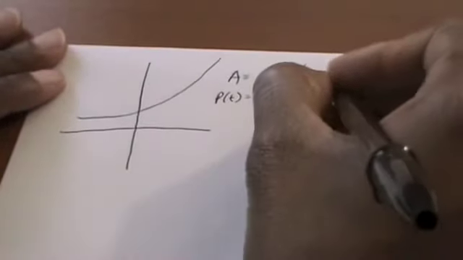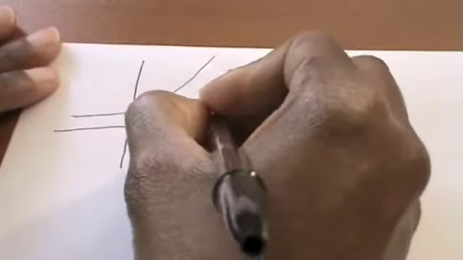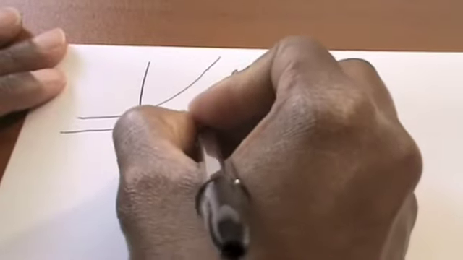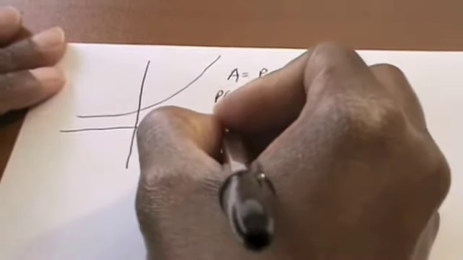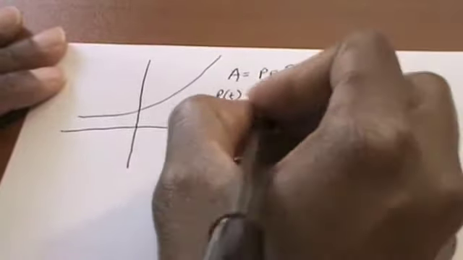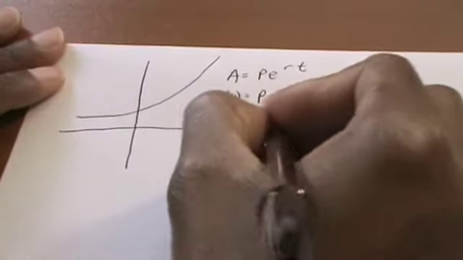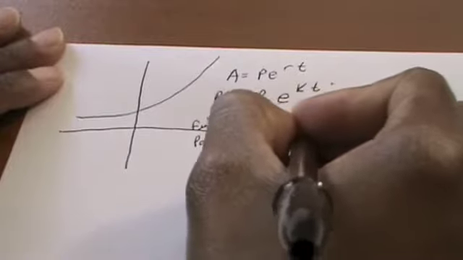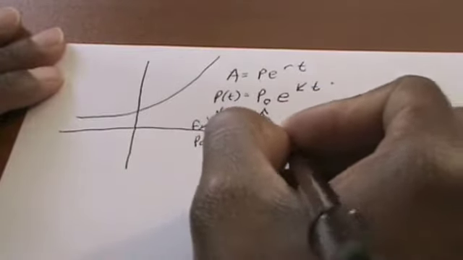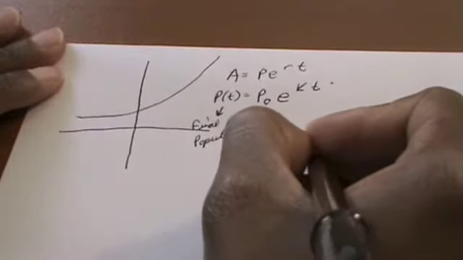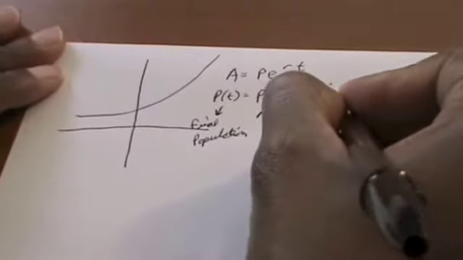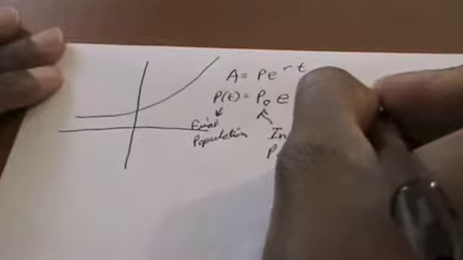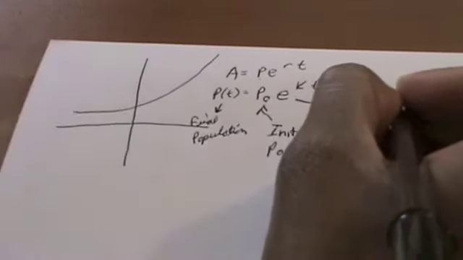Okay, so let me write this down. This is going to be your final population. This one will be your initial population, what you started with. e, as you remember, is approximately 2.718.